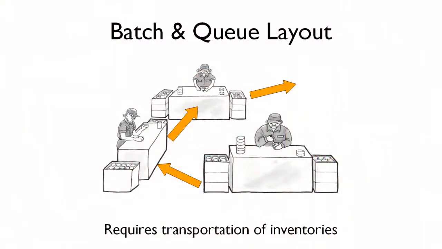But before we look at one-piece flow, let's review the two other types of flow we often see companies use. The first layout is batch and queue, whereby each workstation builds in large batches and pushes its inventory to the next station. This pushing requires transportation since these batches are often more than a person can safely move without assistance.